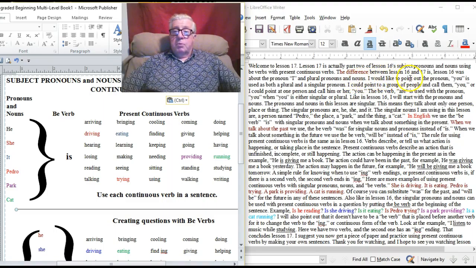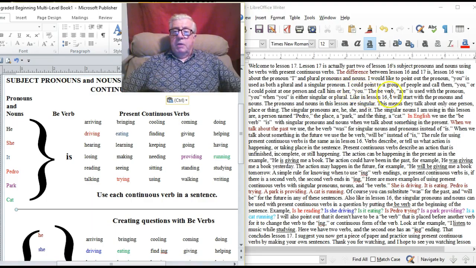I would like to point out the pronoun you is used as both a plural and a singular pronoun. I could point to a group of people and call them you. Or I could point to one person and call him or her you.